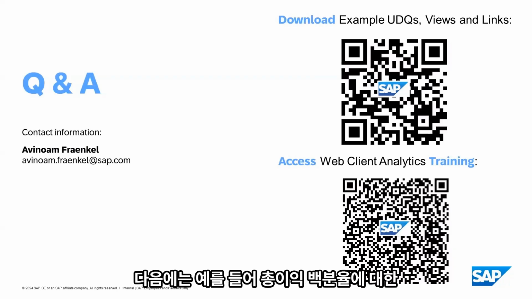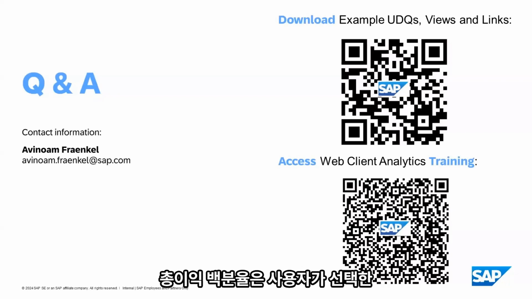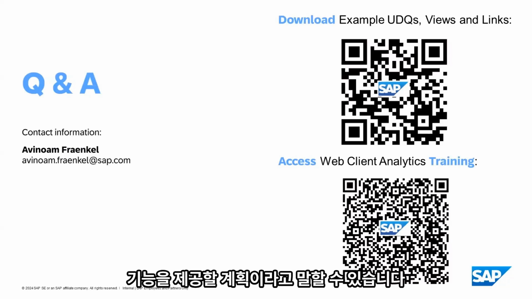And the next one, is it on the roadmap to provide calculated aggregations for percentages? For example, gross profit percent is a calculation of gross profit divided by revenue, dependent on grouping level selected by the user. Ultimately, I would say, yes, we are planning to provide the ability to create statistics.